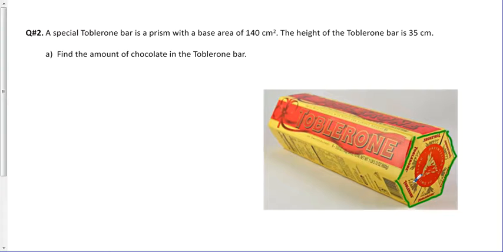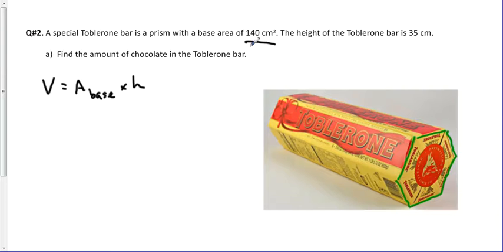This prism isn't one of the things we've talked about. So when you see this question, I don't want you to think, oh, I can't do it because it's not in any of the things I know. Because if we just remember the real key idea for today, and this is where all those specific formulas come from: for any prism, the volume is area of base times the height.